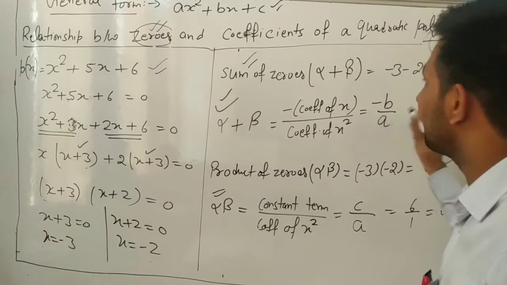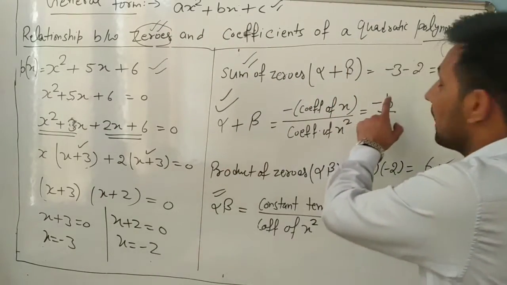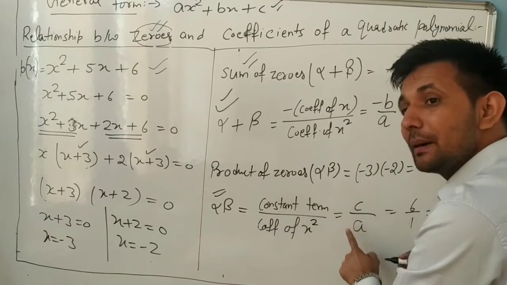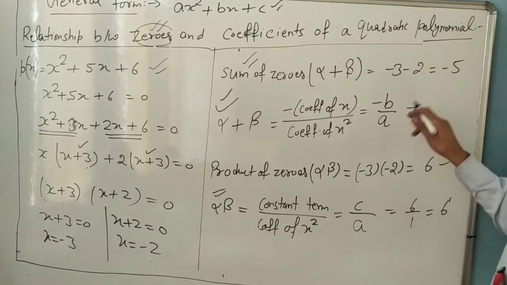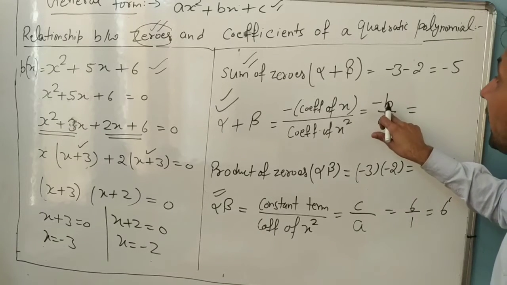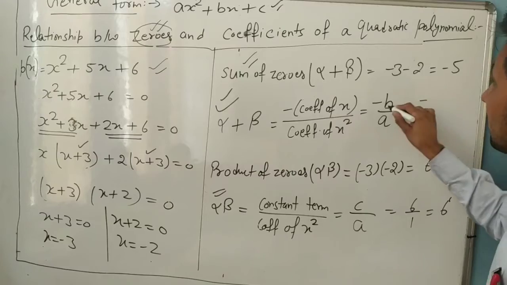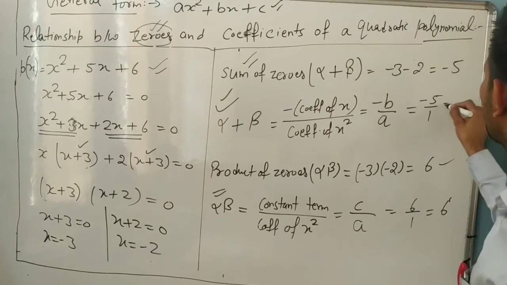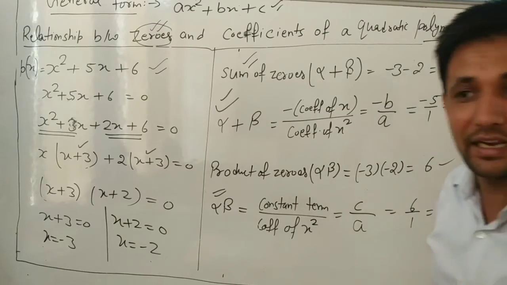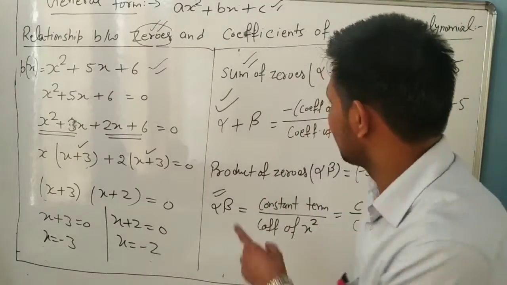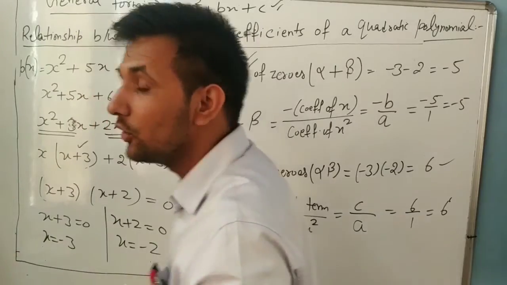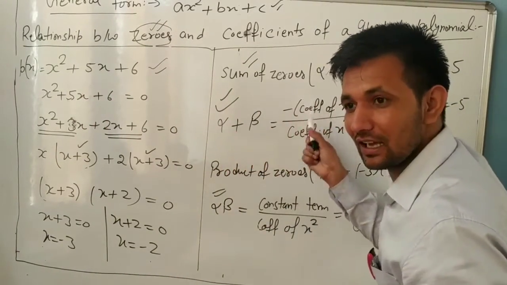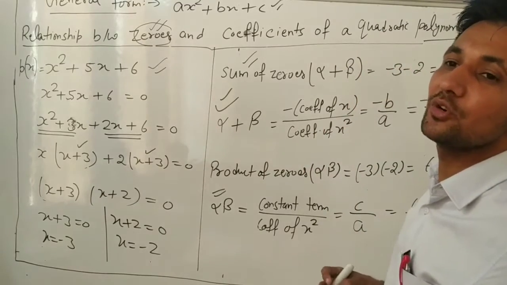So always remember alpha plus beta is minus b by a, and alpha into beta is c by a. Minus sign first, then b. b is 5, 5 divided by a is 1, so minus 5. Understand it? So it is the relation between zeros and coefficients. These are the zeros and these are the coefficients.